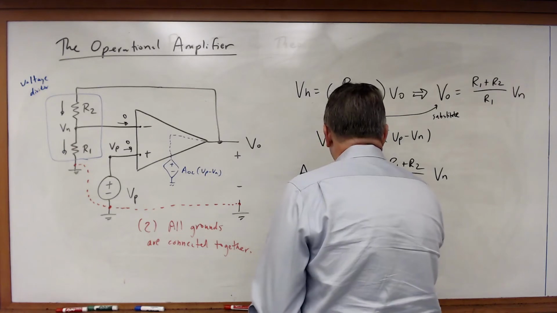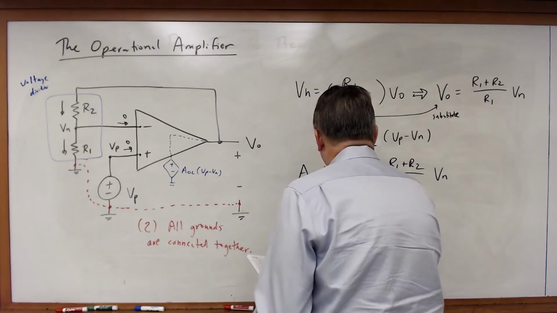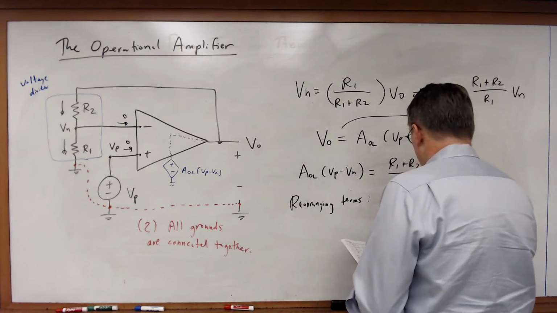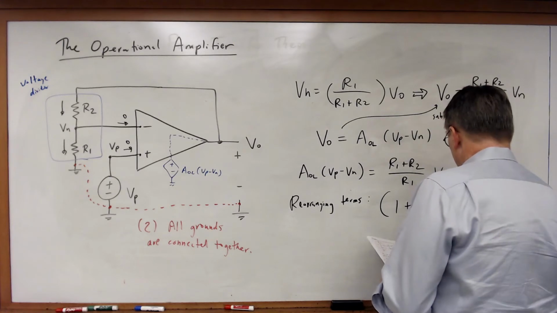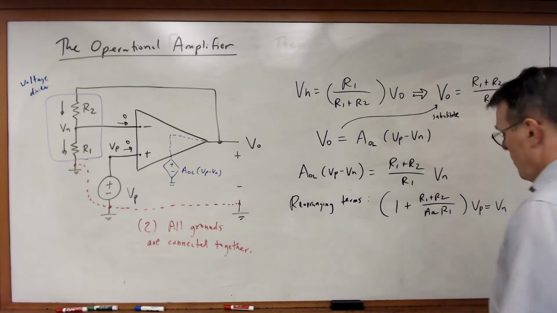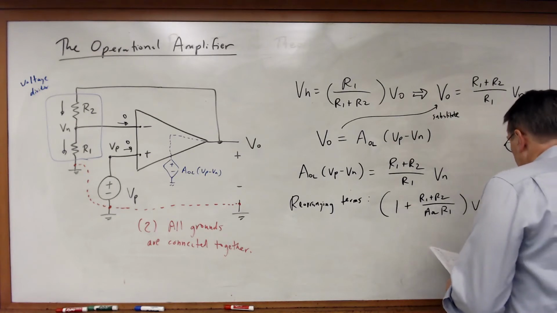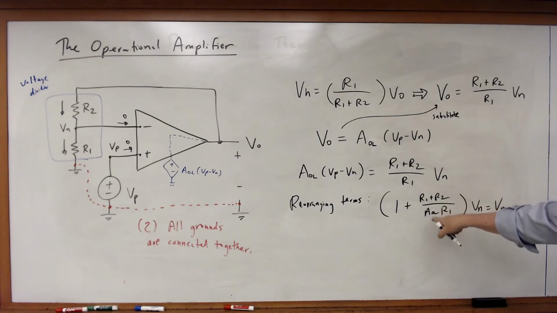So rearranging terms, I get this expression, where (1 plus (R1 plus R2) over (AOL times R1)) multiplied times Vn is equal to Vp.